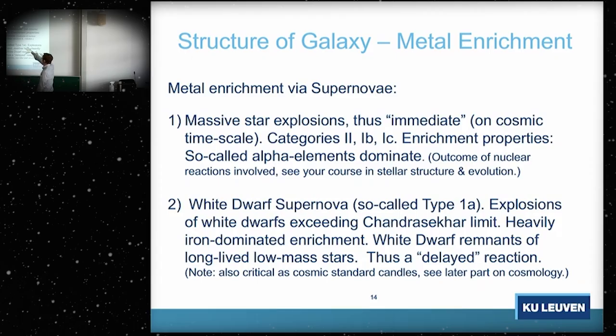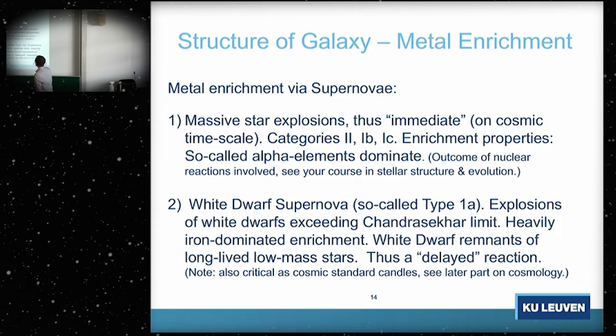And they are the supernova categories type 2, 1b, 1c, depending on if you have hydrogen or not, essentially, and helium, and others. And the enrichment properties here have to do with how the nuclear burning in the last phases of the massive star evolution cycle goes before you go supernova.